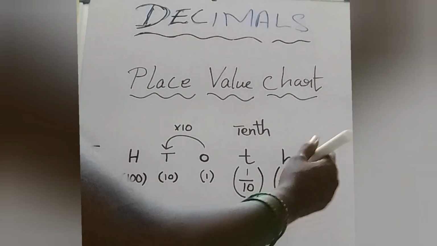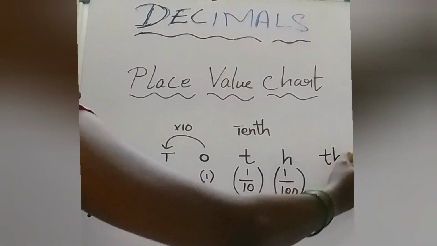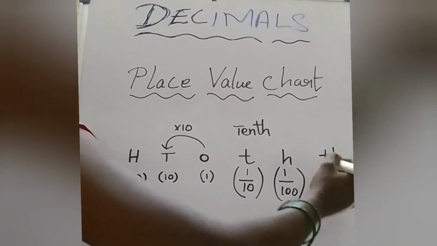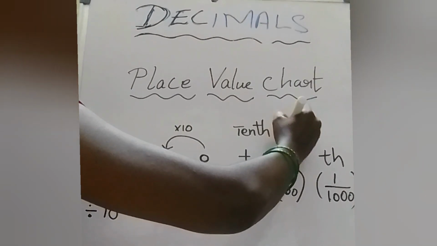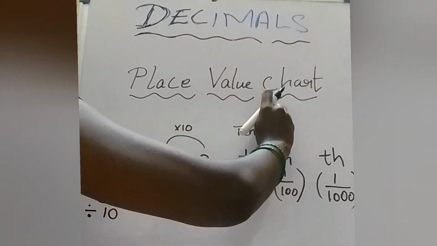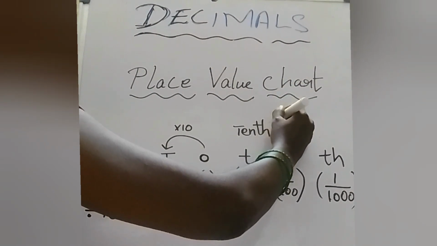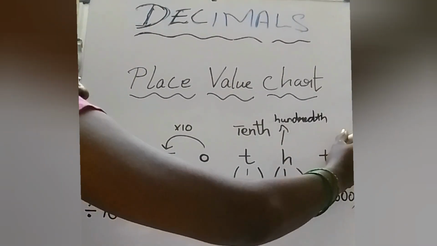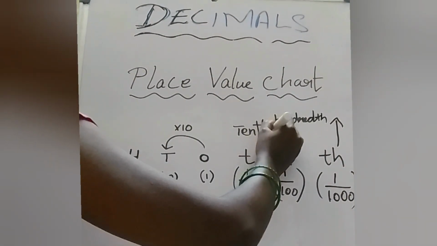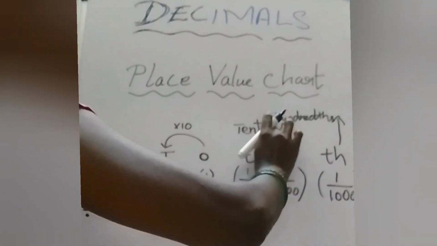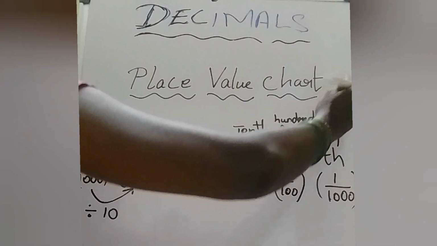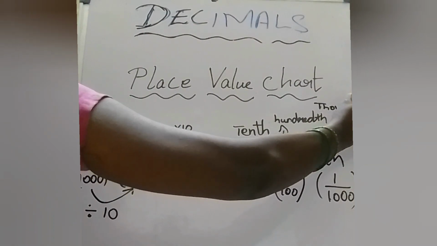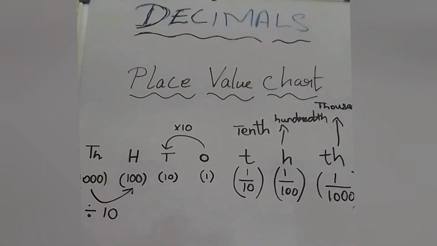Similarly, the next place we get is 1/1000, and this is called the thousandth. I think you got it very clearly.